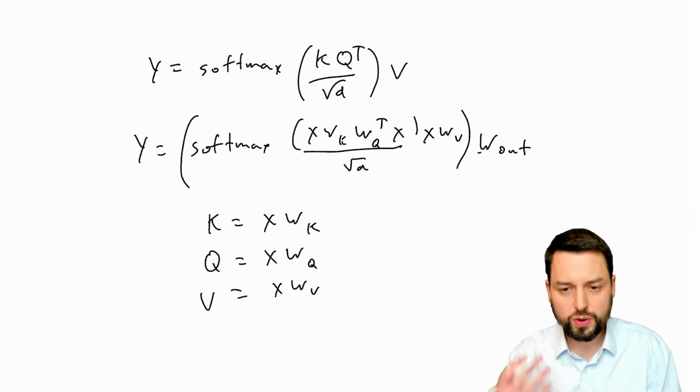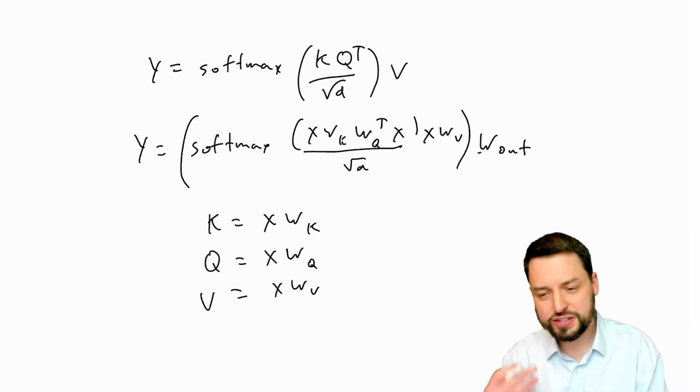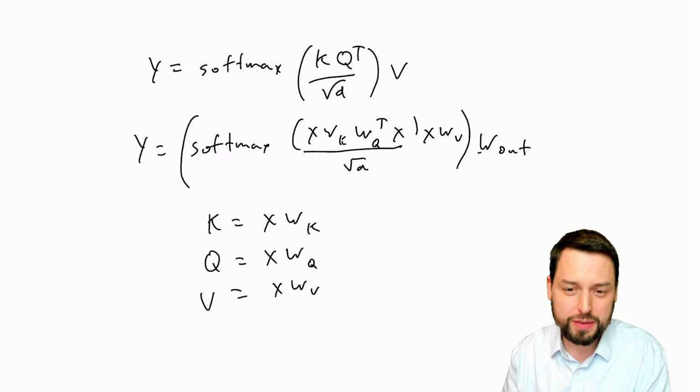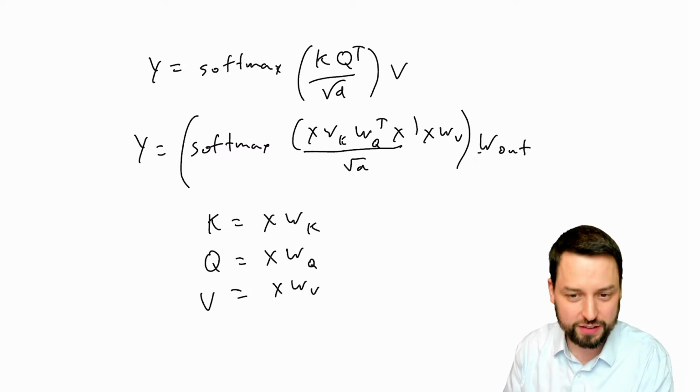But because we always want to have the largest possible matrices multiplied together, it doesn't really make sense to do three multiplies separately for these things.